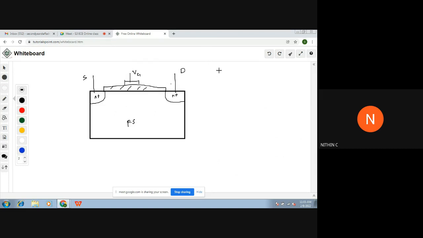That is also related to MOSFET, and the topic is called sub-threshold conduction. Sub-threshold conduction. That is the next topic.